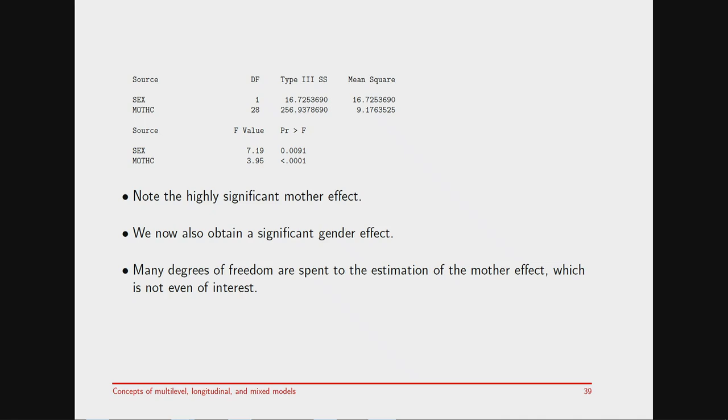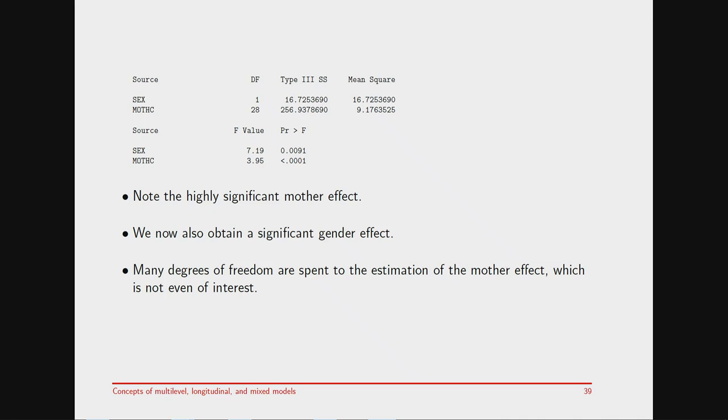And that number is this one, 28. 28 degrees of freedom. What does that mean? It means that we have been estimating in the background 28 parameters for that mother effect.